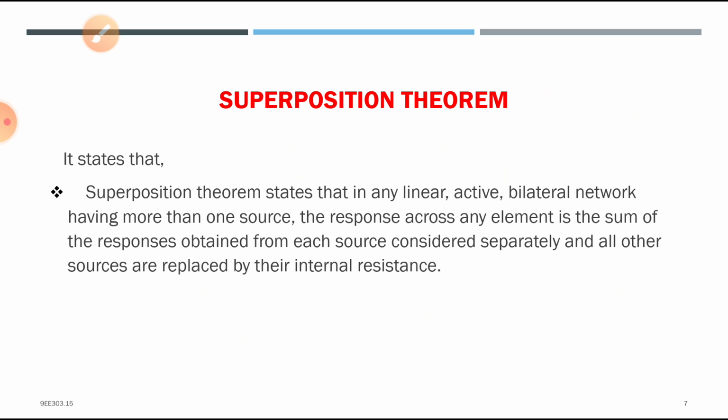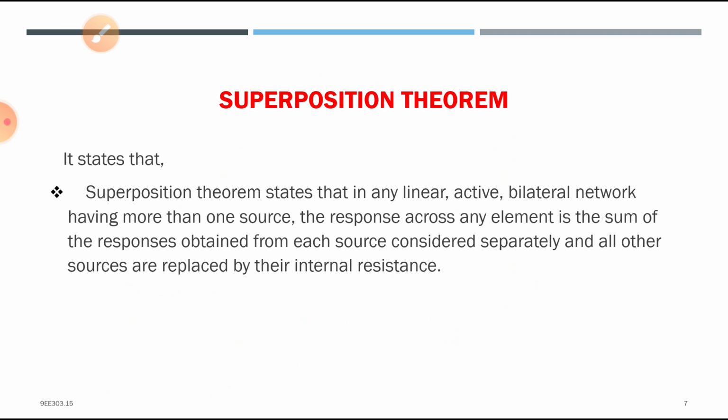The superposition theorem states that in any linear active bilateral network having more than one source, the response across any element is the sum of the responses obtained from each source considered separately, and all other sources are replaced by their internal resistance.